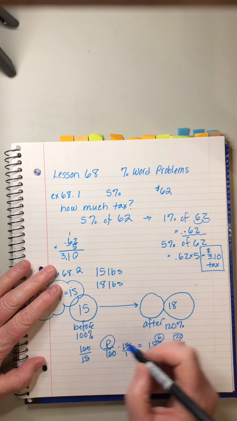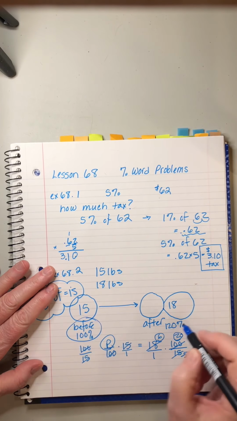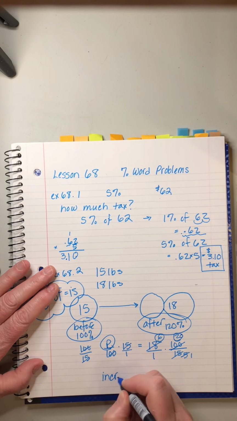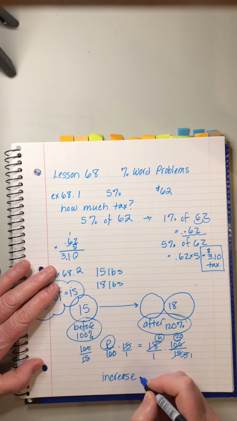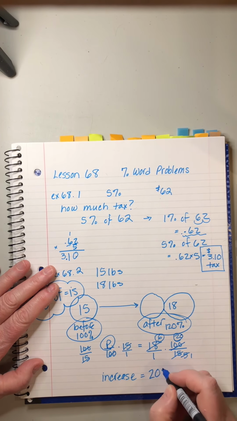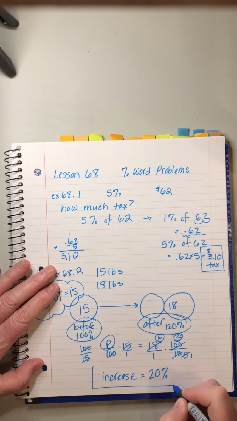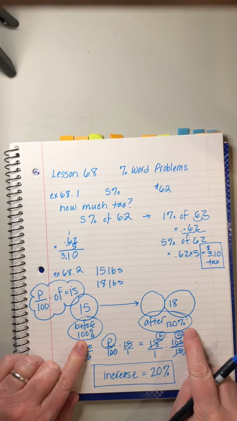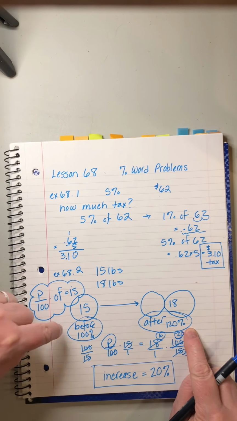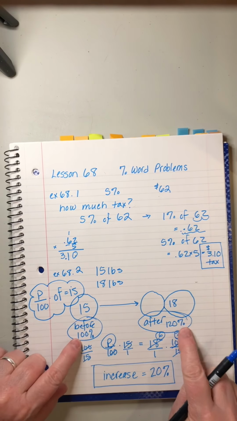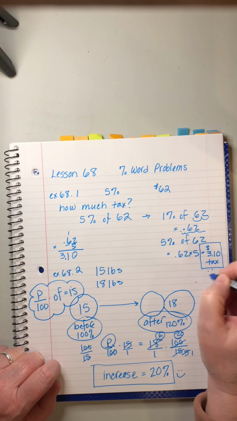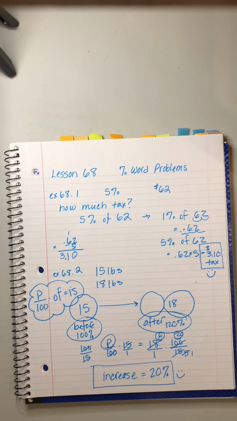That means when it was before 100 and after 120, the increase in the baby's weight was 20%. Does that make sense? He was 100%. He's now 120% of his old weight. So that means the increase is the difference, 20%. All right.